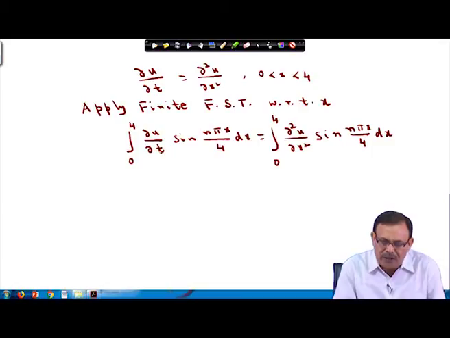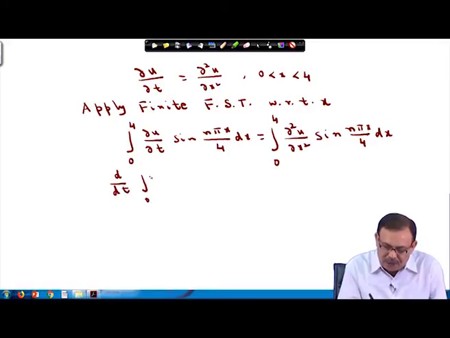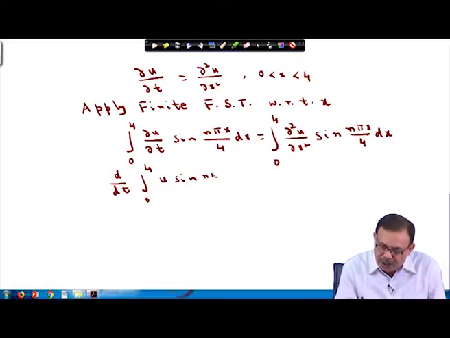Now, I am making the finite Fourier sine transform with respect to x. So, the del del t can go outside. Taking this del del t outside, I can write it as d dt of the integral from 0 to 4 of u sin(n pi x by 4).